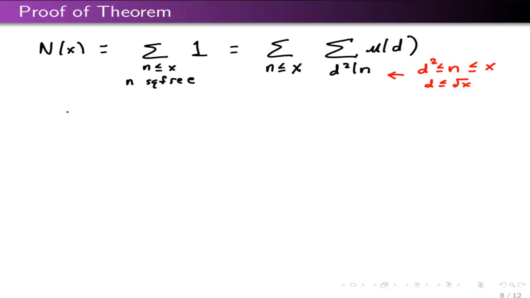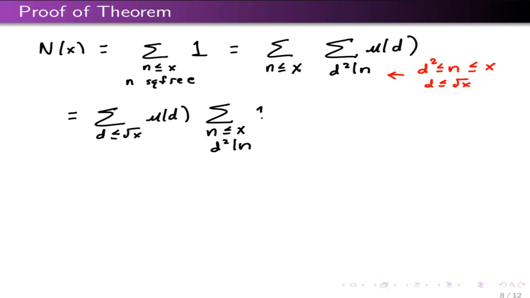So when we interchange the order of summation, d is going to run from 1 up to the square root of x. Then we'll have mu of d, and then the sum over n, well, n is less than or equal to x, and the constraint is that d squared divides n. And we're just adding up ones here. There is no dependence on n in the term.